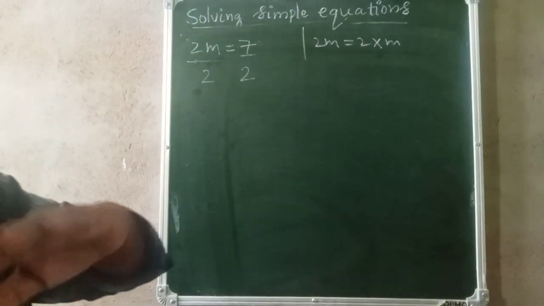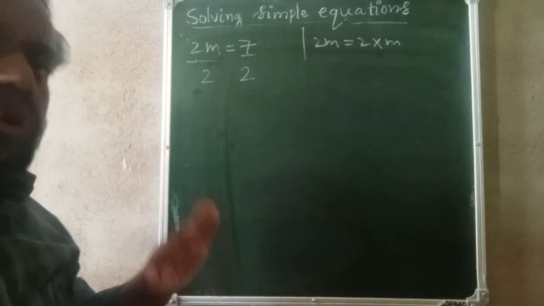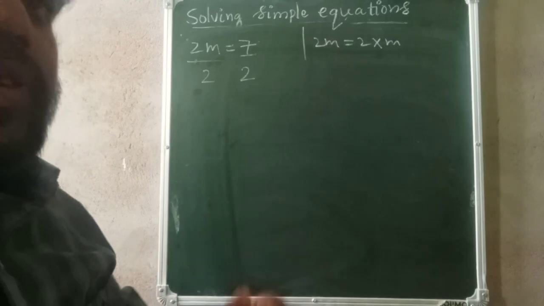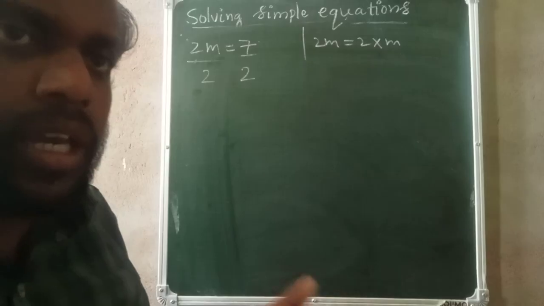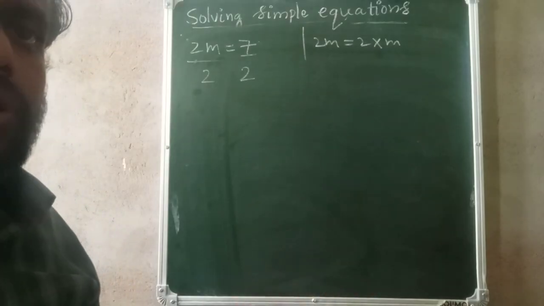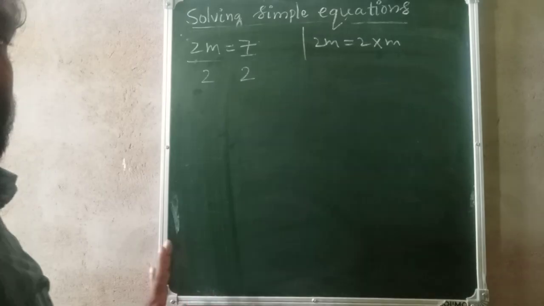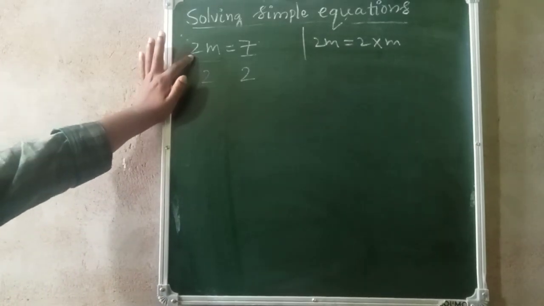You have to divide both sides by 2. If you divide only one side, then it will become wrong. Equation will be imbalanced. To keep the equation in balanced mode, you have to divide both sides by same number. Here I am dividing by 2 to remove 2.